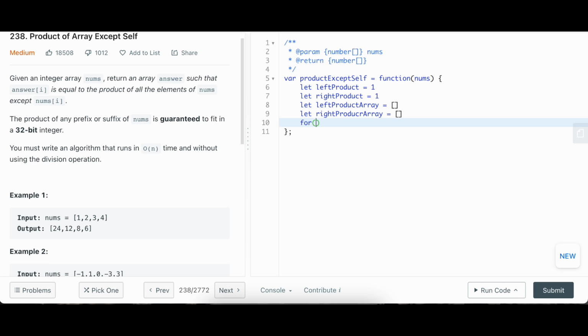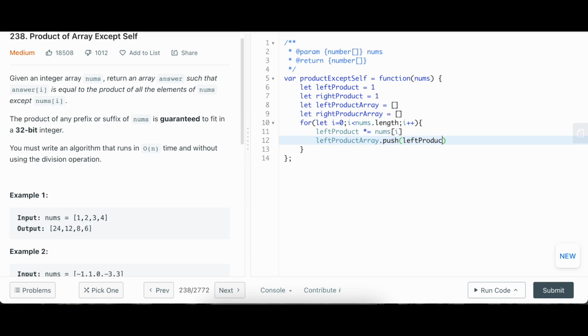And now let's fill it up. For let i equal to 0, this is just looping through the nums array that we were given. For the first index, what do we need to do? We just need to multiply our left product, whatever we have, with the current element, and then we push it into our product array.